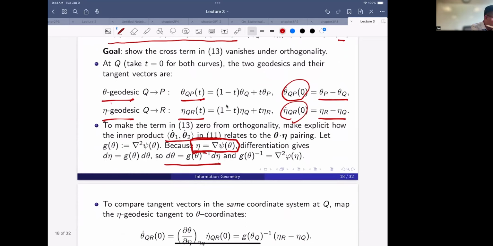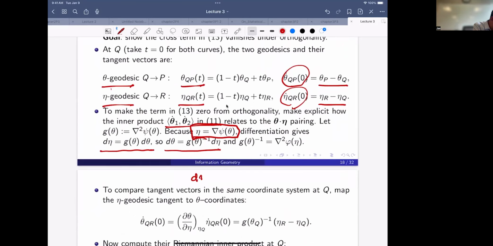Okay, I guess you can just take a differentiation, right? So d eta, how do you differentiate? So maybe this way: d eta d zeta is nabla squared psi of zeta, right?